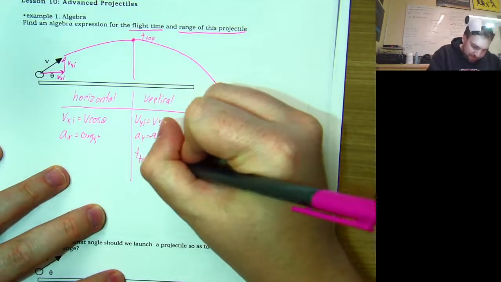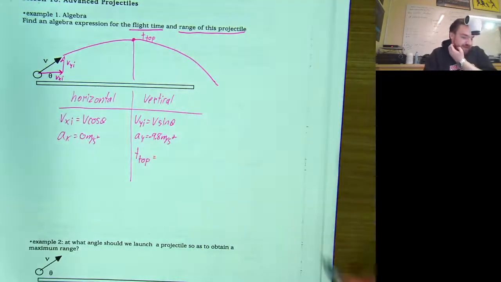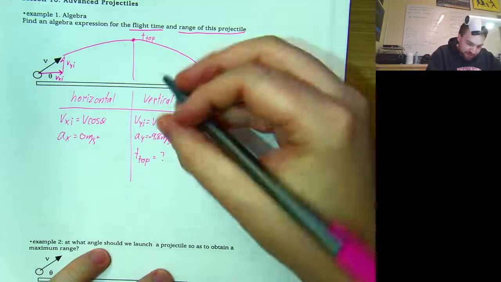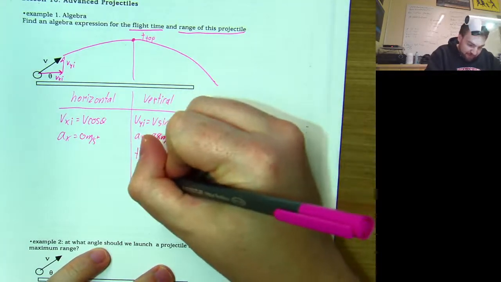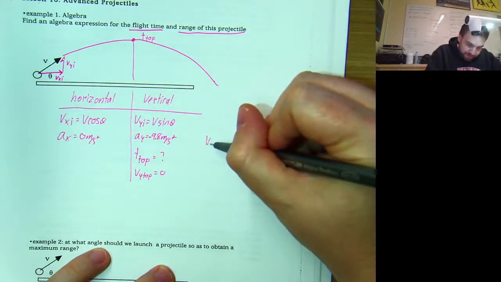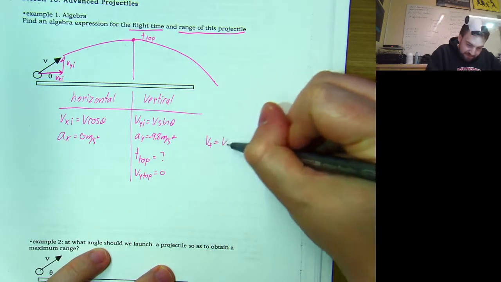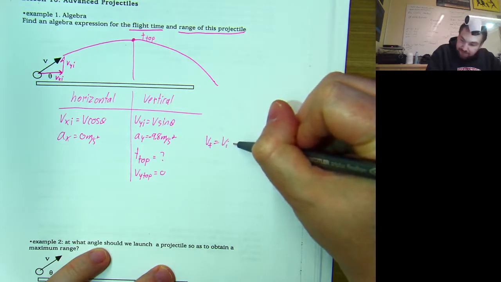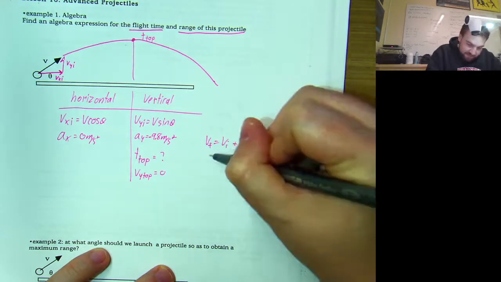So T top is going to be found using the fact that at the top, Vy top equals 0. So we can use this kinematic equation, Vf equals Vi plus at. Vf is 0.